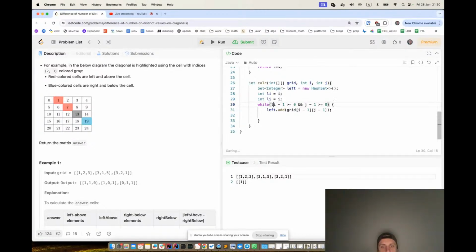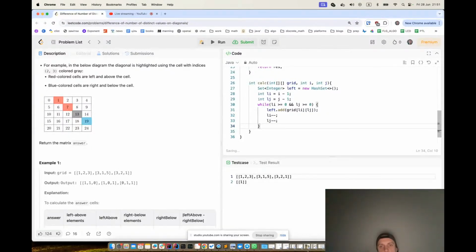Here it will be grid[li][lj]. Yeah, it would start like this, I think. Let's start like this. And li minus minus, lj minus minus.